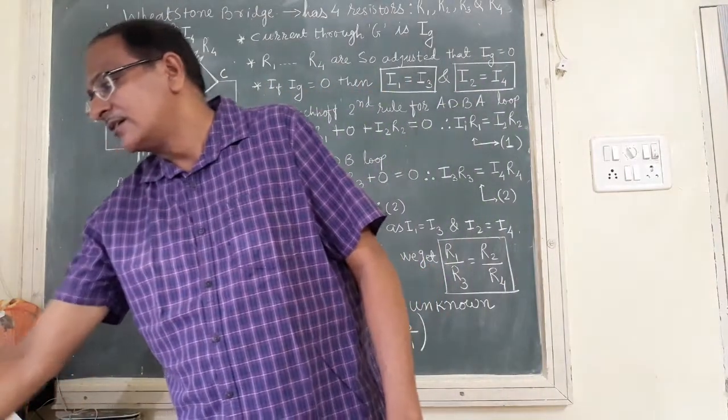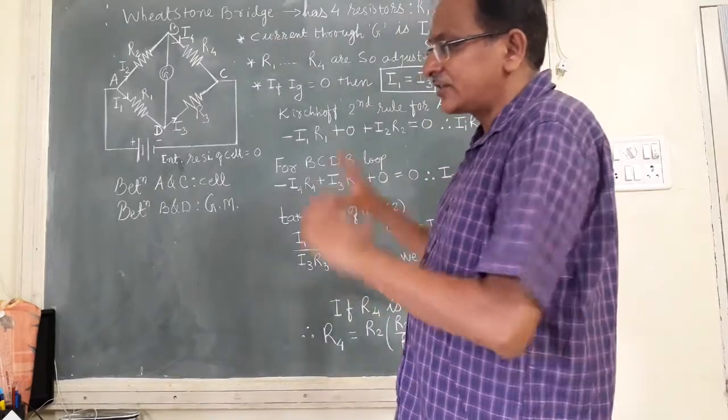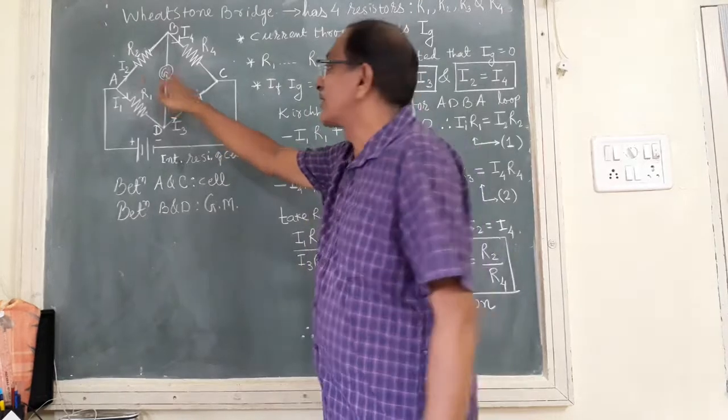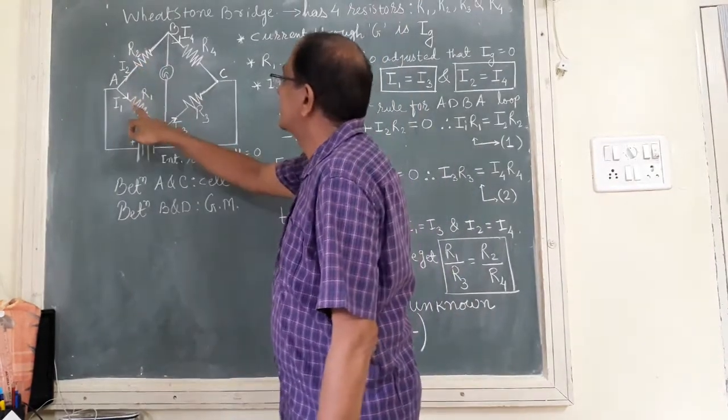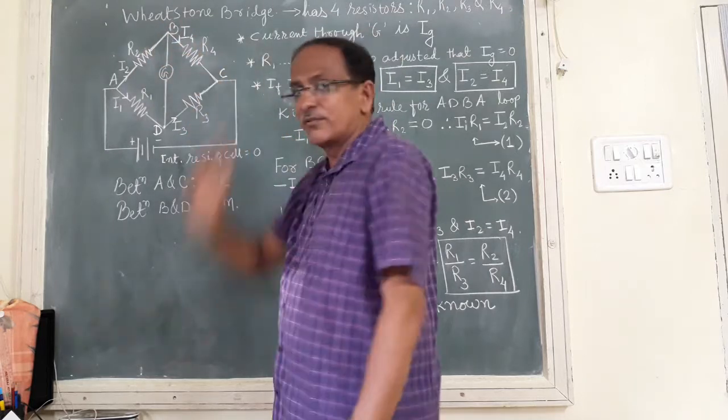Now the current flows across all the resistors as well as this galvanometer. So current will pass through R1, R2, R3 and R4.